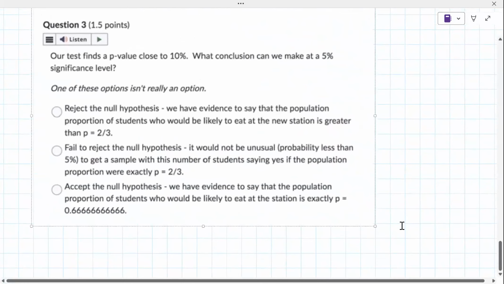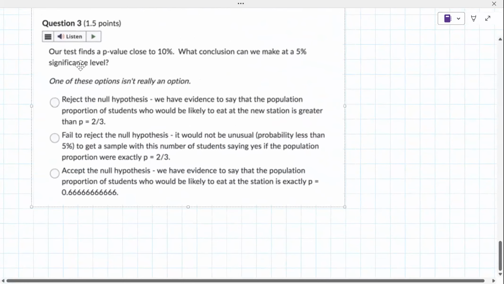I'm sorry, they give you the p-value, close to 10%. So what conclusion can we make at 5%? So you can reject at 5% because it's a smaller alpha level. So that would be the first option there.